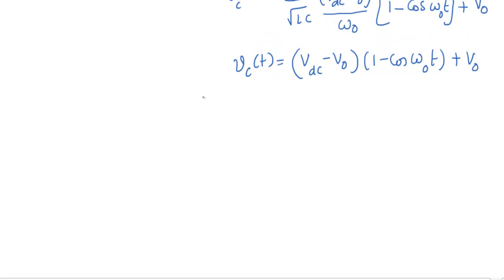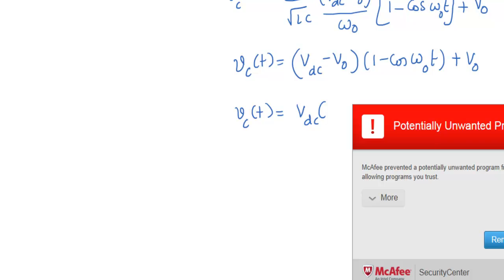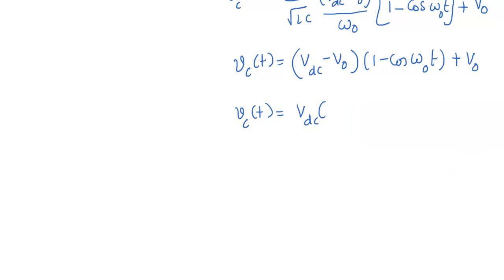So if you want to do this, VC of t equals VDC, sorry, multiply that VDC into this one, that's nothing but VDC into 1 minus cos omega naught t.